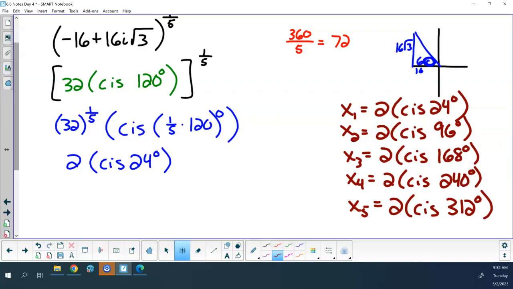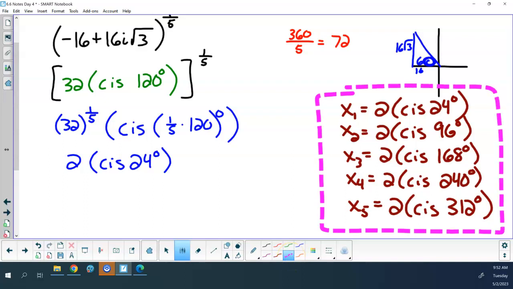Outside first lap, subtract 360 puts me at 24. We're back to where we started. There, ladies and gentlemen, are the 5 roots of negative 16 plus 16i square root of 3. Okay? Root it, trig it, demoivre it, add your 360 divided by the power until you get back on. Okay?